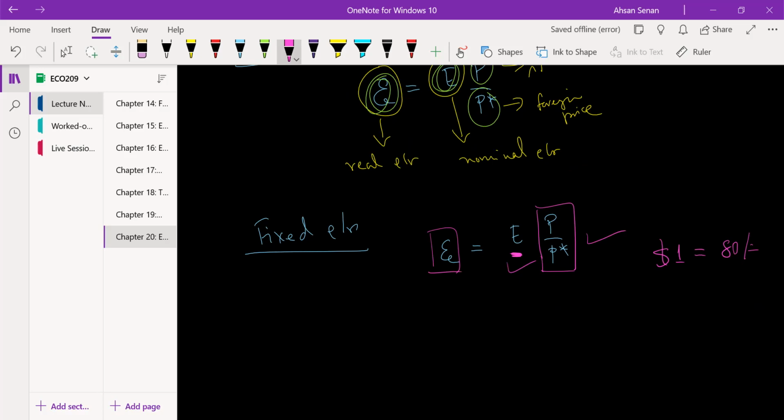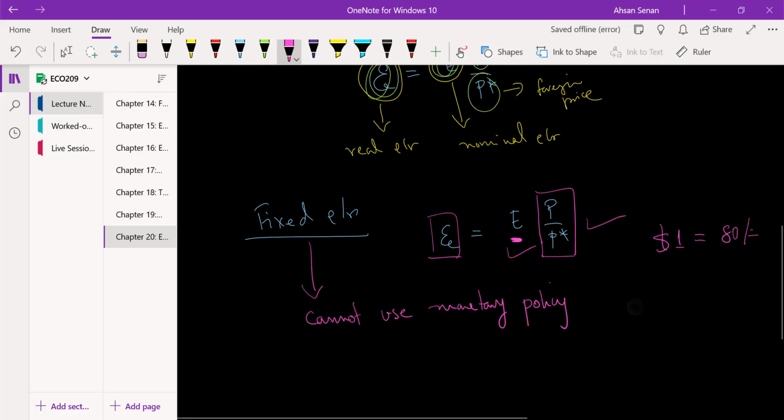Okay, and we've talked about this at the end of chapter 19, when we said that whenever a country follows a fixed exchange rate, they cannot use monetary policy anymore, because of course, remember the interest rate parity condition, which gave us this minus ET divided by ET.